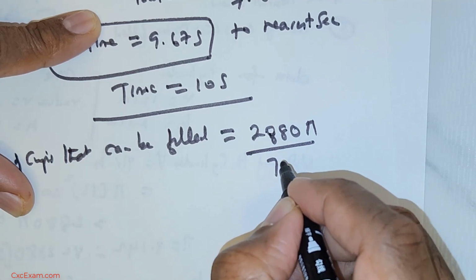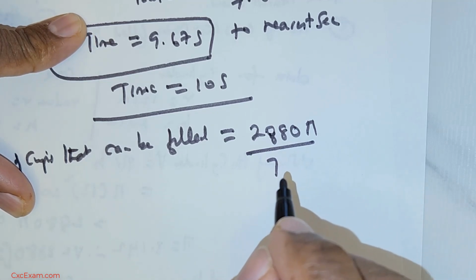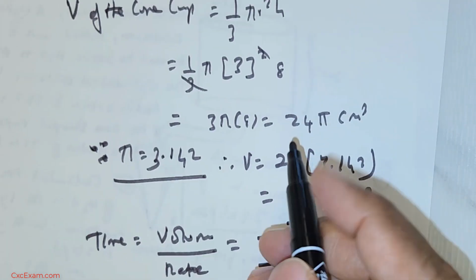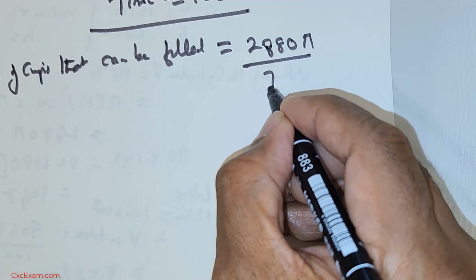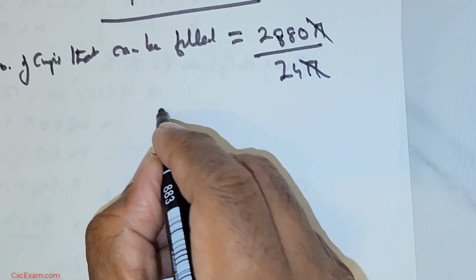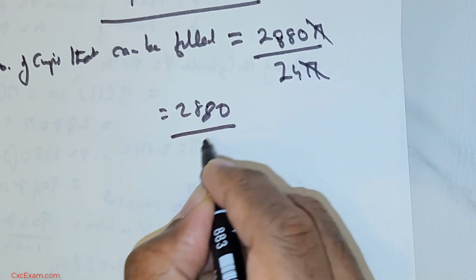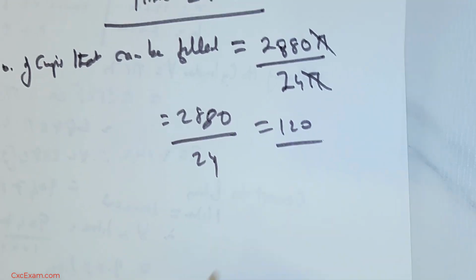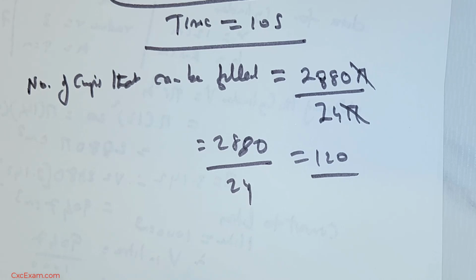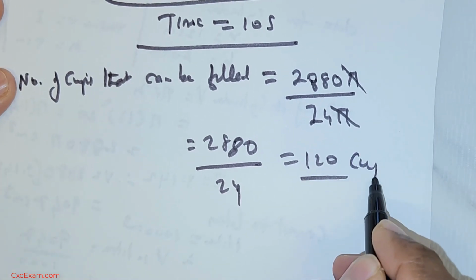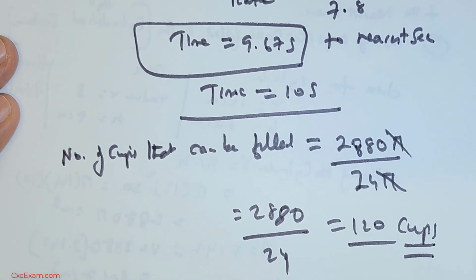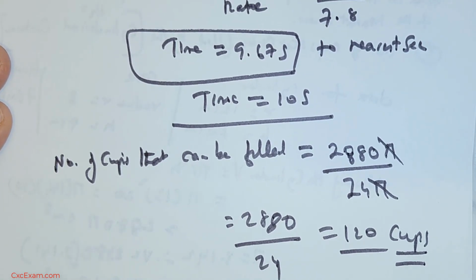Now volume of water that actually goes in, or that the cup can hold, is 24 pi. So pi gets cancelled. You have 2880 divided by 24. So this is going to be equal to 120. Okay, so 120 cups is the answer, right? So you have completed successfully the question. Let's move on to the next one.